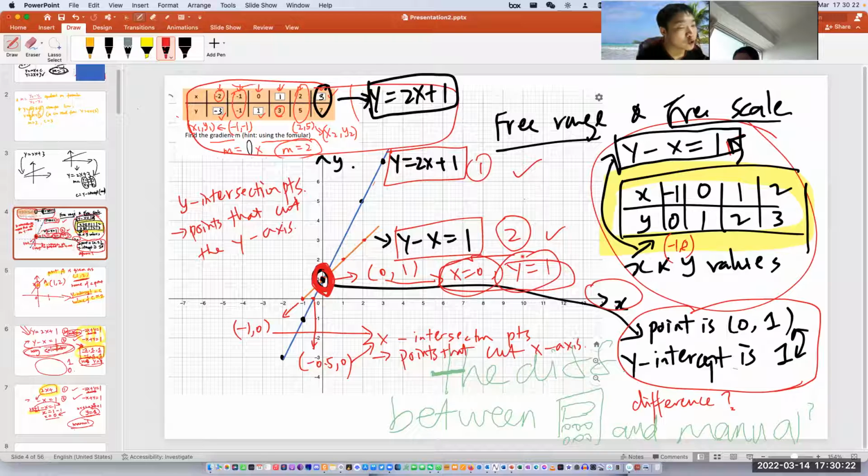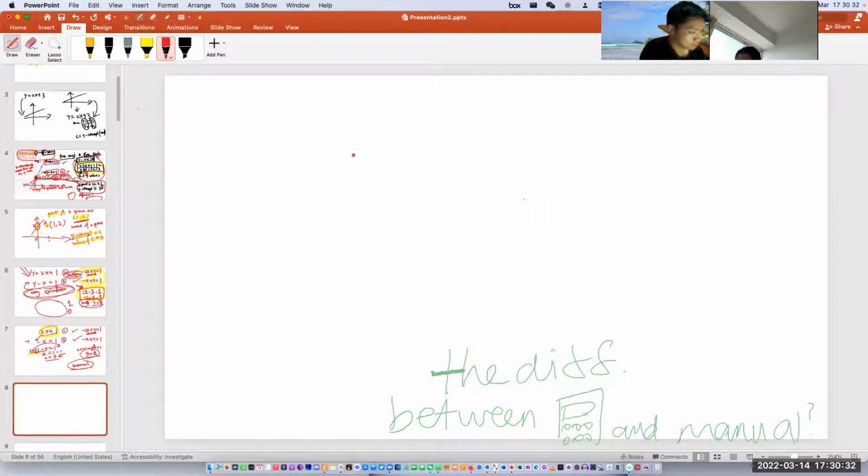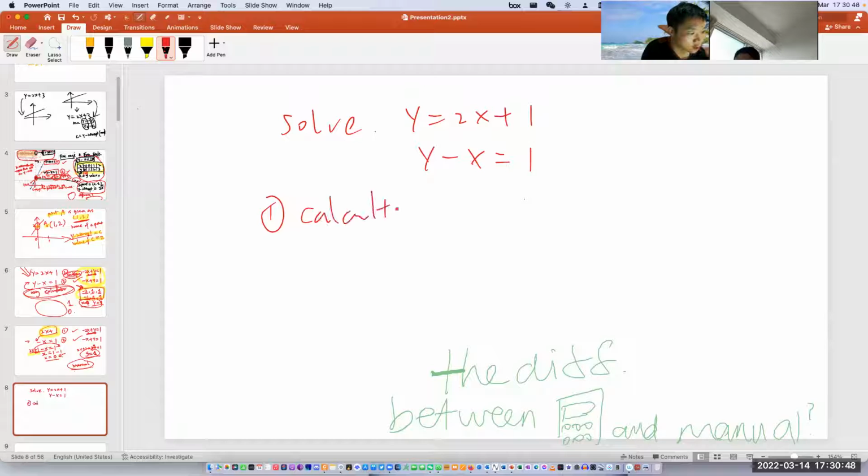Not only do I want to show you the difference between the calculator and manual method, I want to show you that to solve y is equal to 2x plus 1, y minus x is equal to 1, you can use the calculator, you can use manual, and now you have learned graphing.